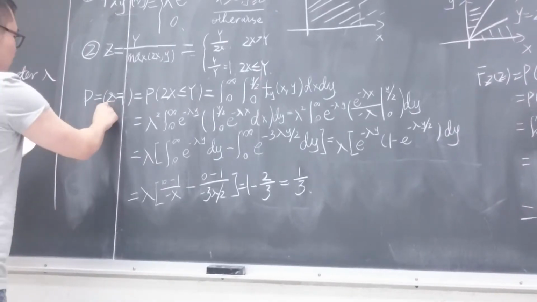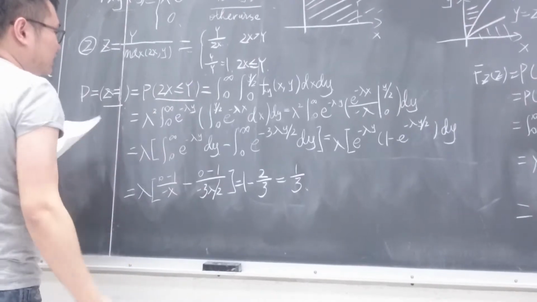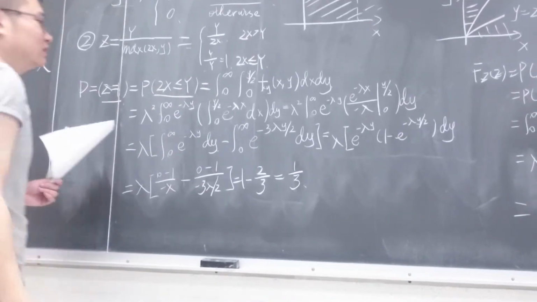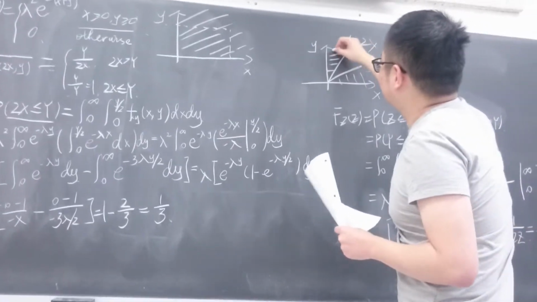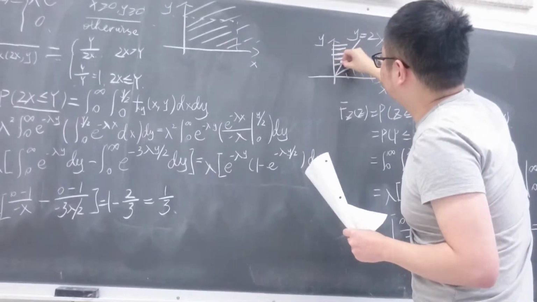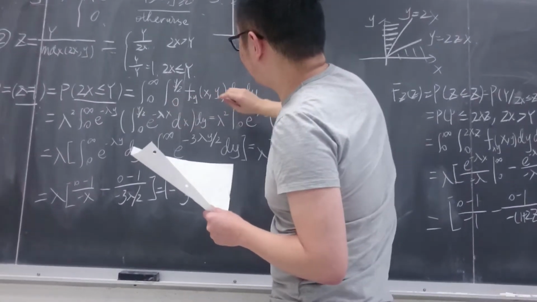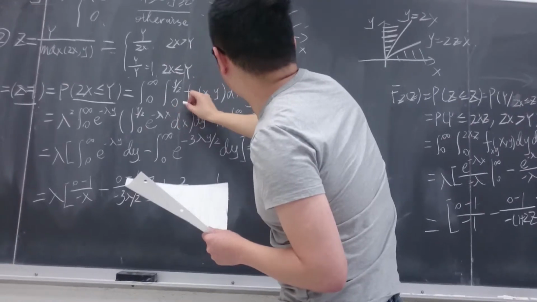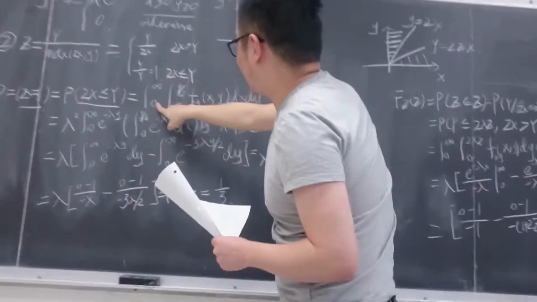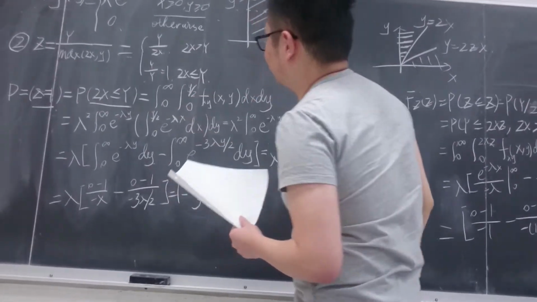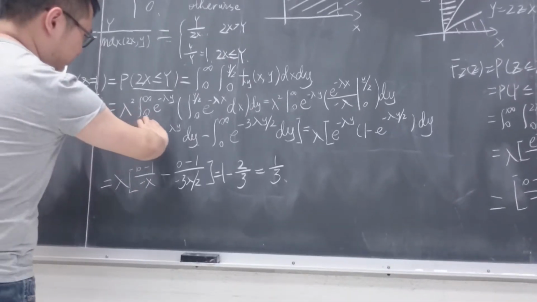When Z equals 1, it's the same case as 2x less than y. Showing on the graph here, we can see that this is the part we are going to integrate in this question. So we do the integral for x from 0 to 2y, and then for y from 0 to infinity. I just wrote it down here.